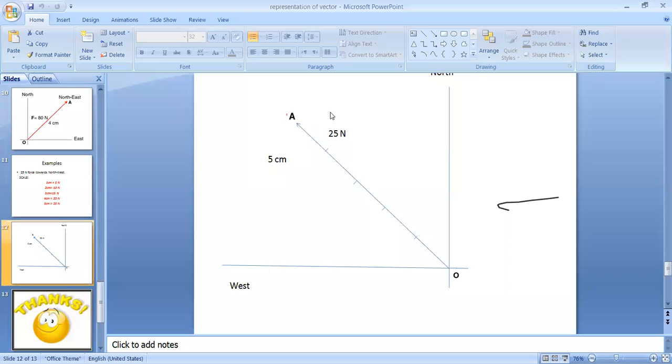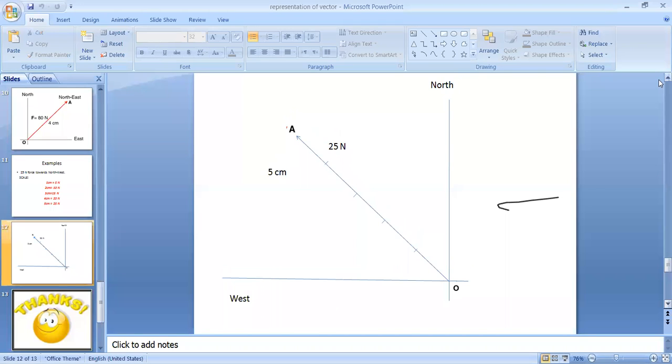It will give you 25 Newton. Then put the arrowhead towards the direction A. This will be your vector OA in the direction of northwest. Okay, clear? Any problem?